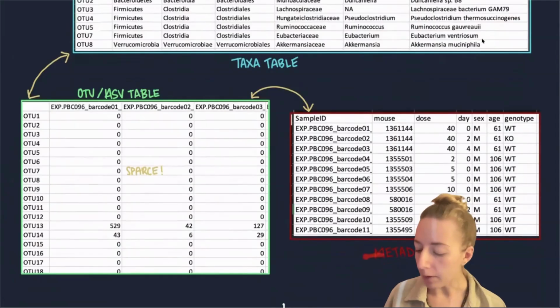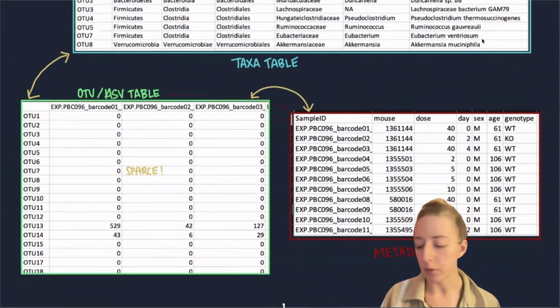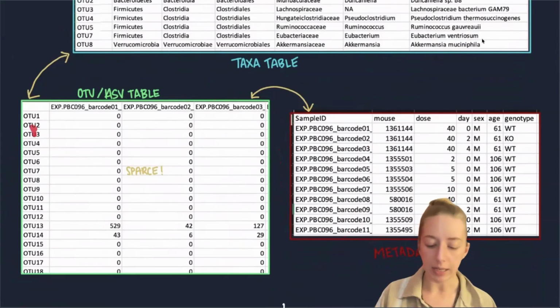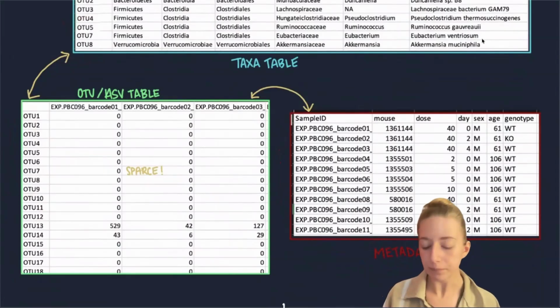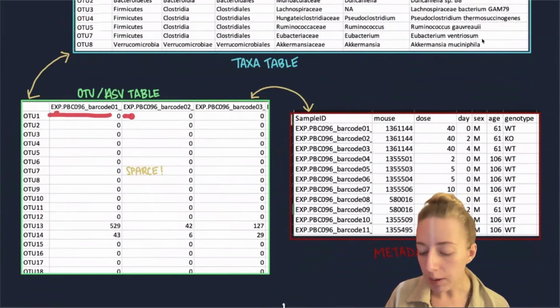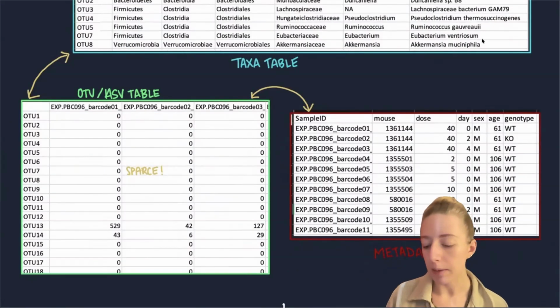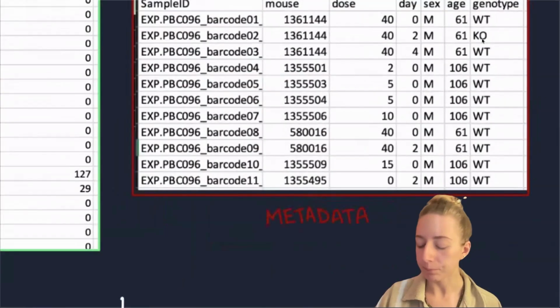And then we have our metadata on the right, and here in this case, the names of each of the samples or the sample IDs need to perfectly match, as well as, again, the OTUs need to perfectly match for the taxa table so they can all merge together or align or be compared. And so we want to make sure that there's no extra characters or letters or white spaces in our names here for each of the samples.